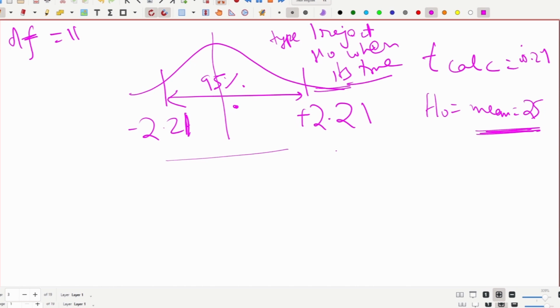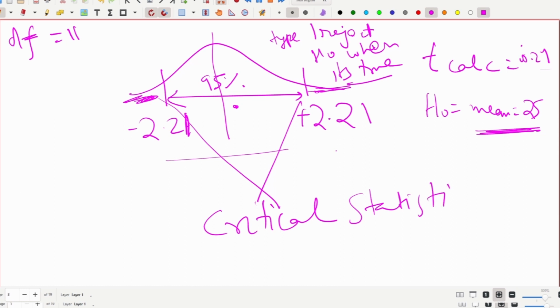So when the statistic, the calculated one, the 2.4 or whatever you calculated, comes in the error region, beyond the critical statistic, the critical value, then it comes into the error part, and hence we say, okay, now we are rejecting the null hypothesis, and when we reject the null hypothesis, we say the mean is not equal to 25.